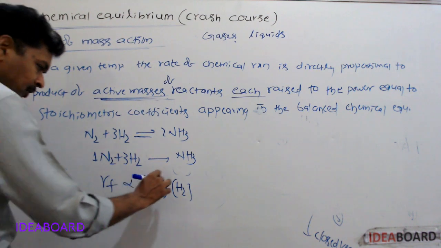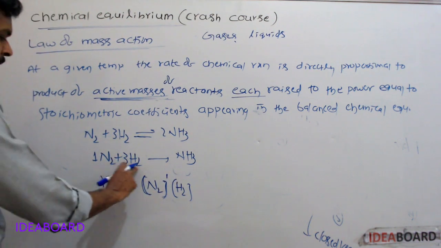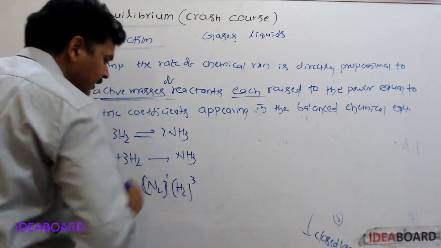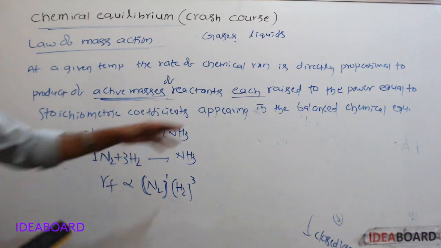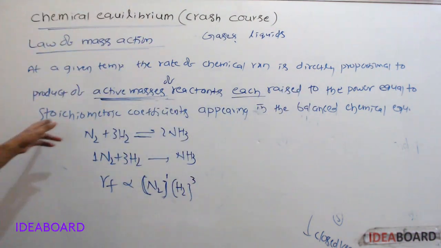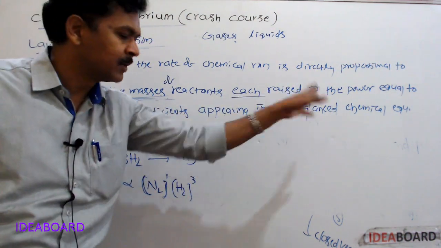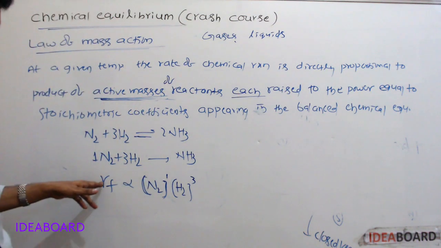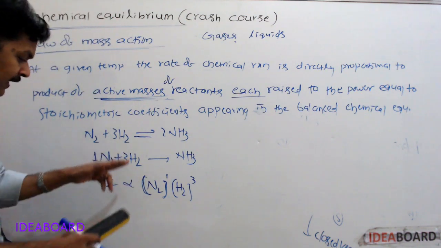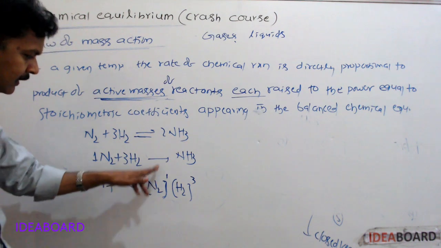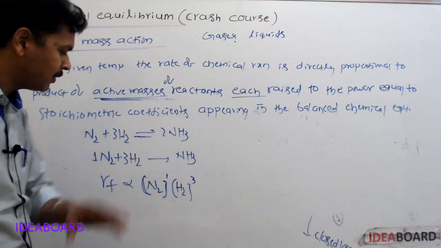Here 1 mole of nitrogen is there, so power 1. 3 moles of hydrogen is there, so power 3. So rate of forward reaction is directly proportional to nitrogen concentration power 1, hydrogen concentration power 3.